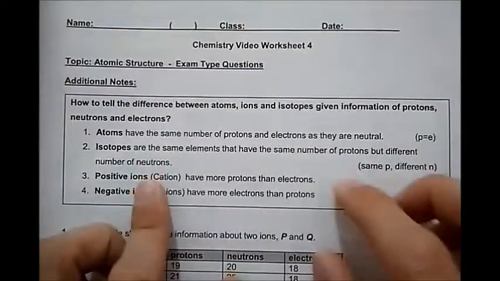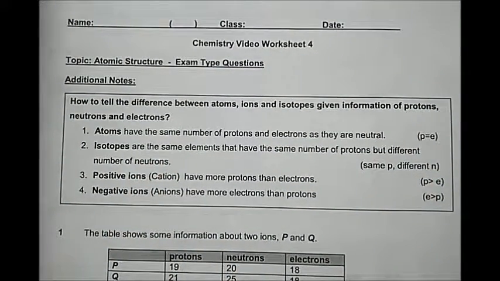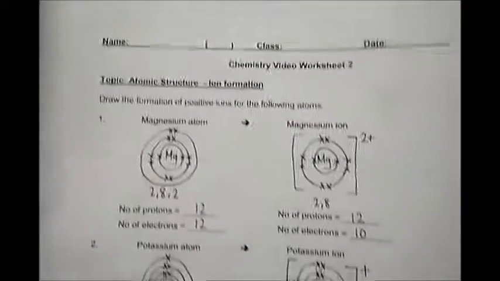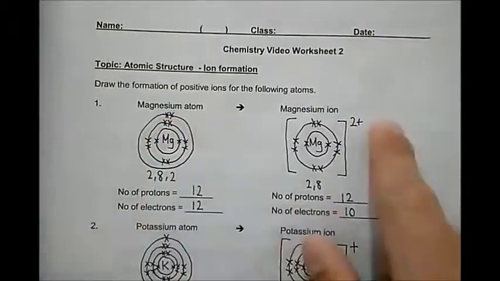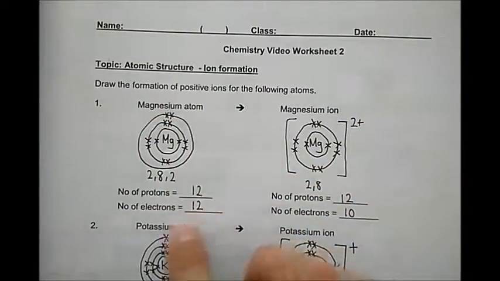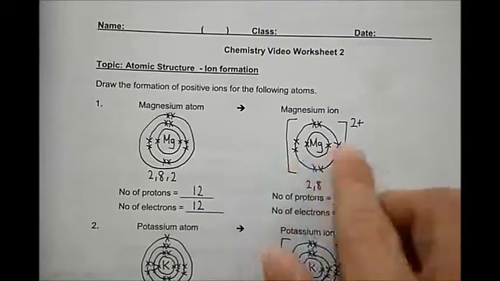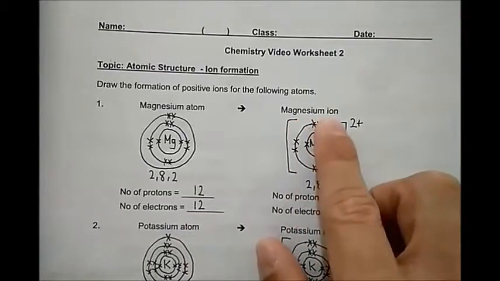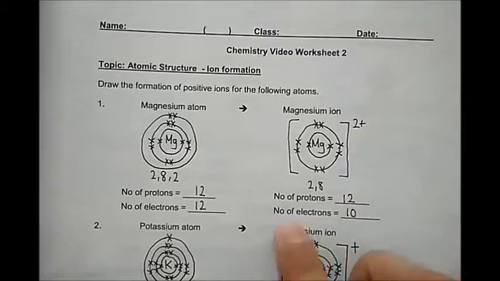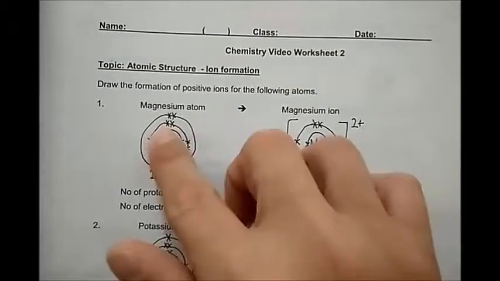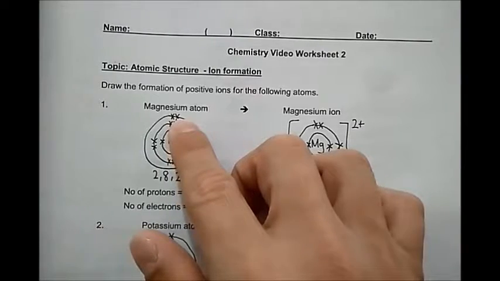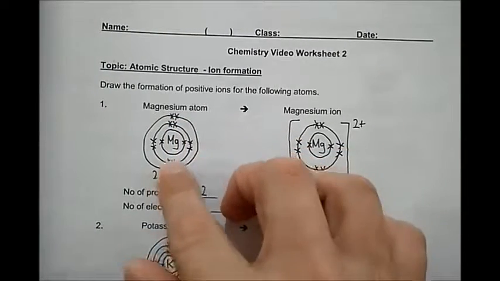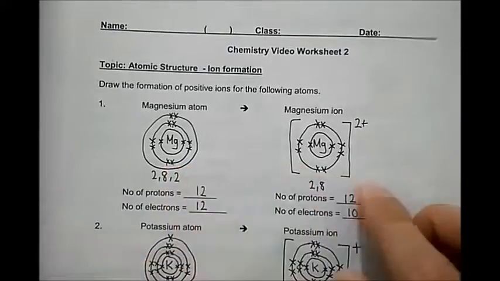Moving on. What's a positive cation? Positive cations have more protons than electrons. If you look at the example from Chemistry Worksheet 2, magnesium again, the magnesium atom has 12 electrons. However, when it becomes a magnesium ion, achieving 2+ implies that it gives away 2 of its valence electrons, exposing the second electron shell.